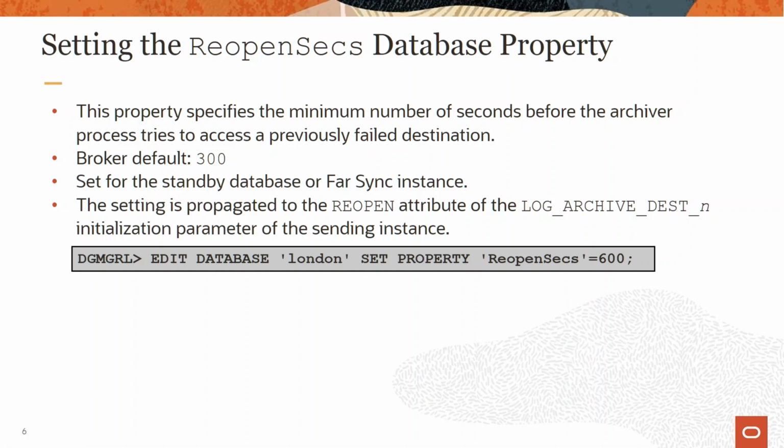So if you want to check destination status more frequently, you can set it to a lower value. Or if you want to check the status of a previously failed destination every 10 minutes, as an example here, you can set it to 600 seconds. So that can be controlled.